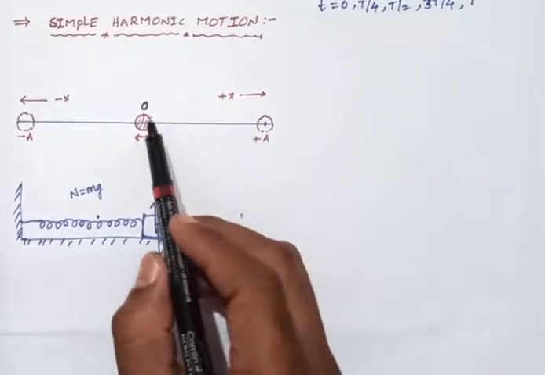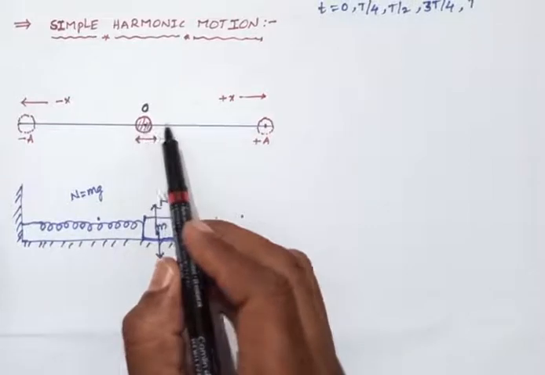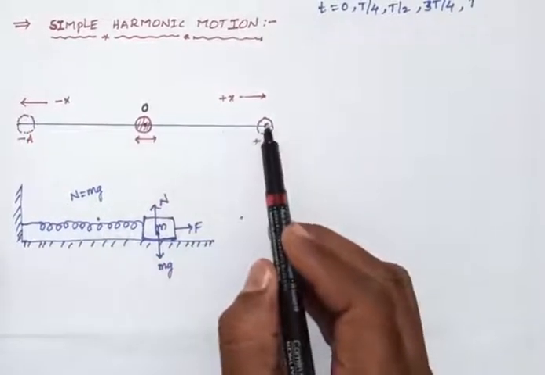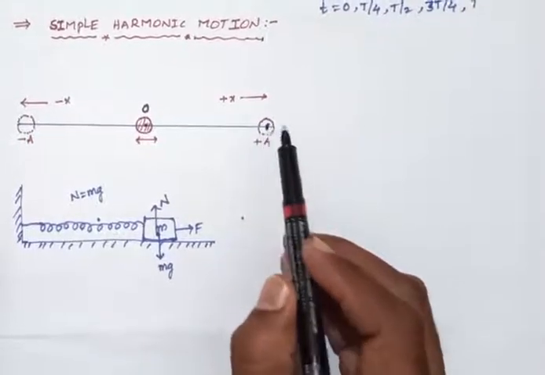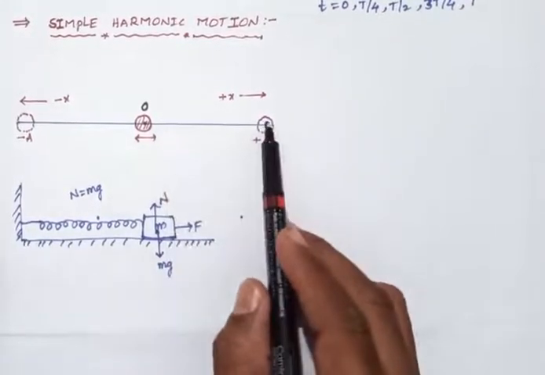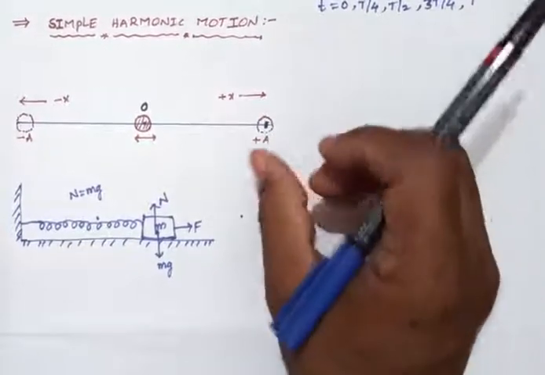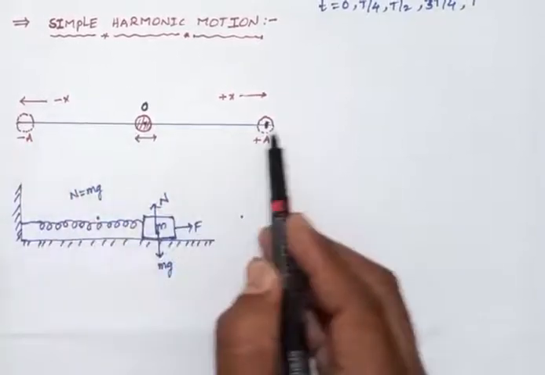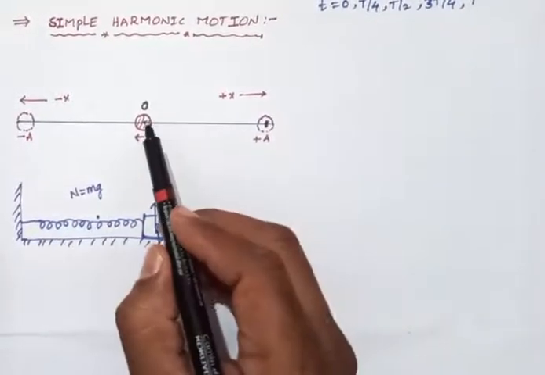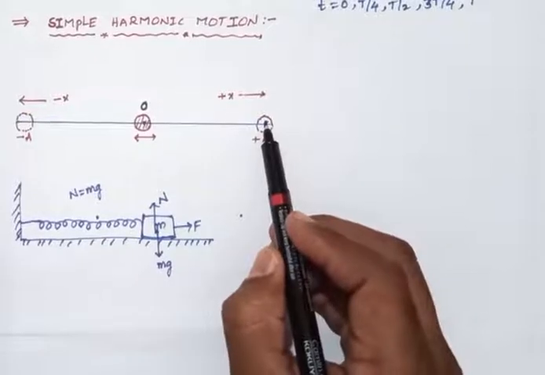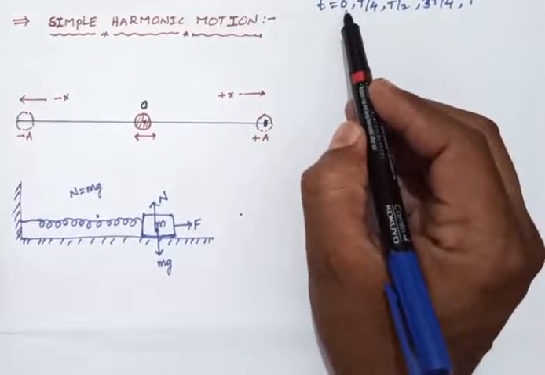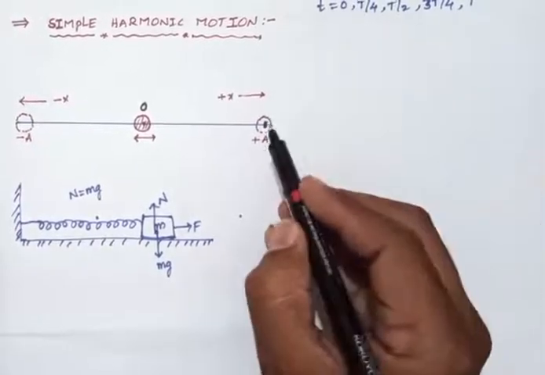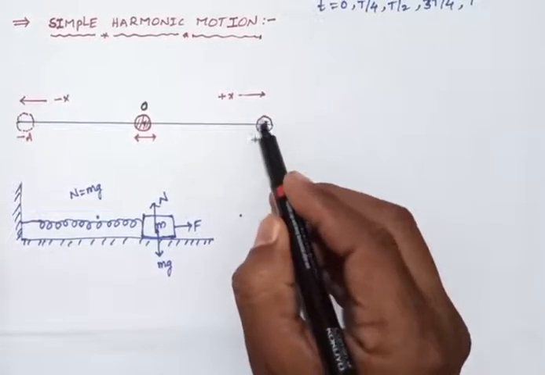One oscillation means, when the force is applied, the particle takes maximum displacement, that is the positive amplitude. Then the force is removed. What happens? It moves like this. At t equals 0, it is at this position.